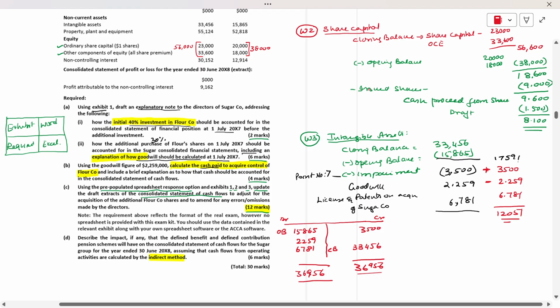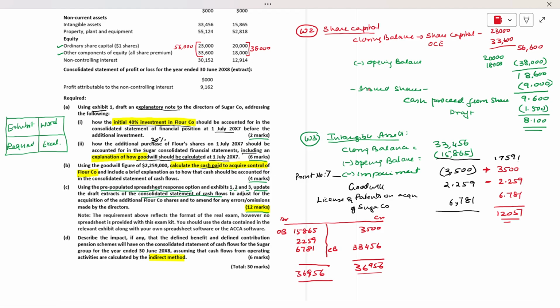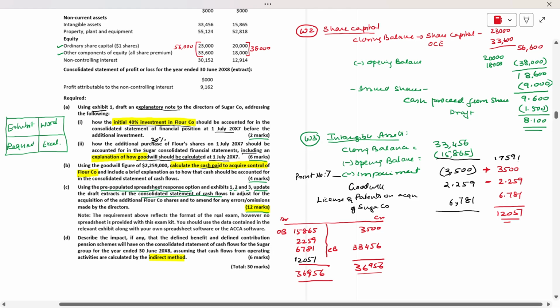How much is there? 15,865 plus 2259 plus 6781 minus 36956. It comes to how much? 12051. This is the cash paid.